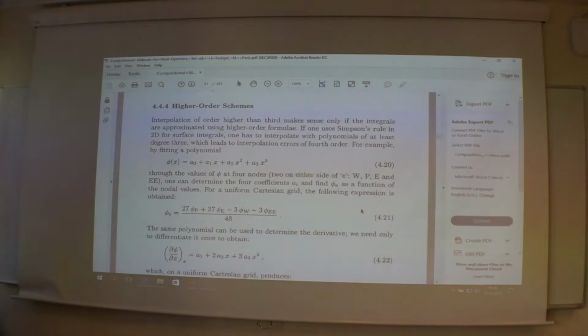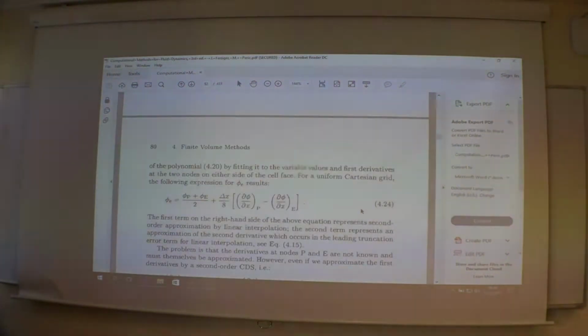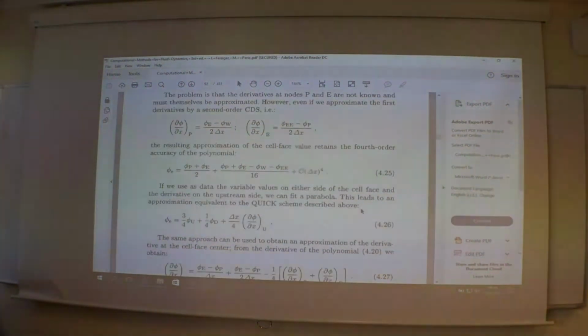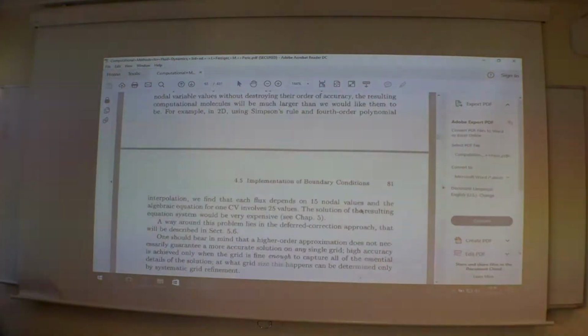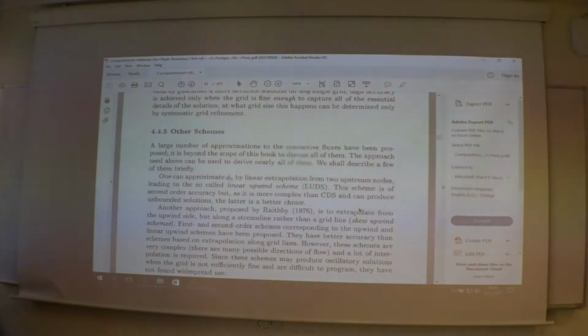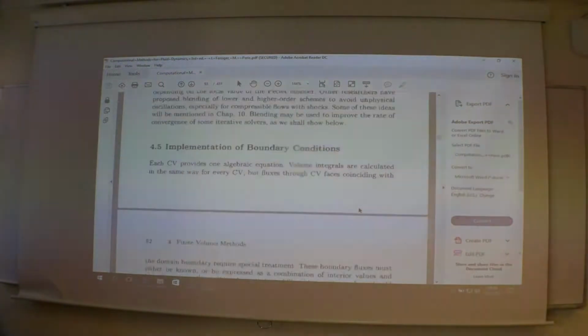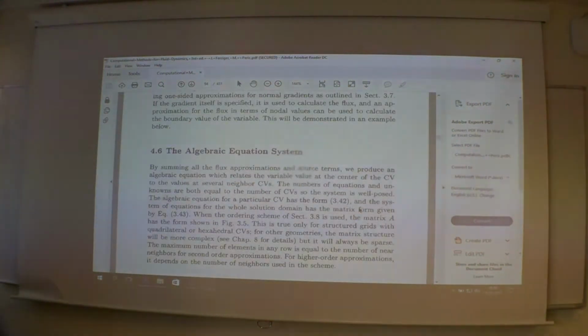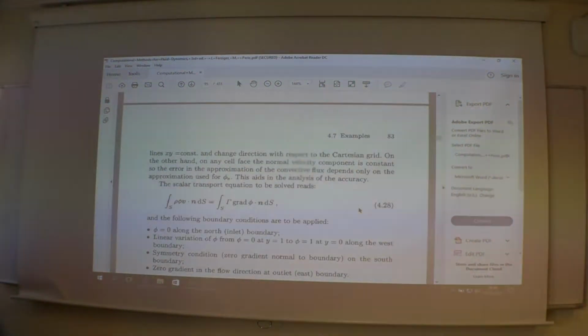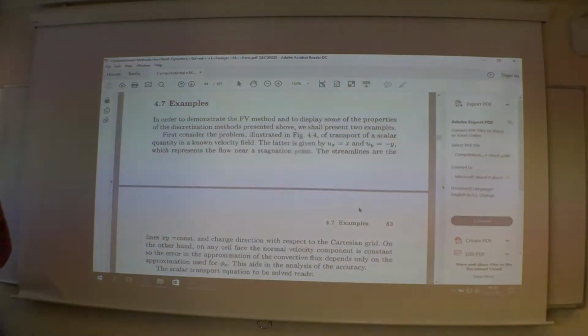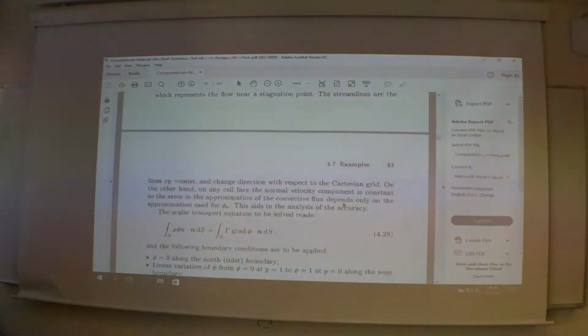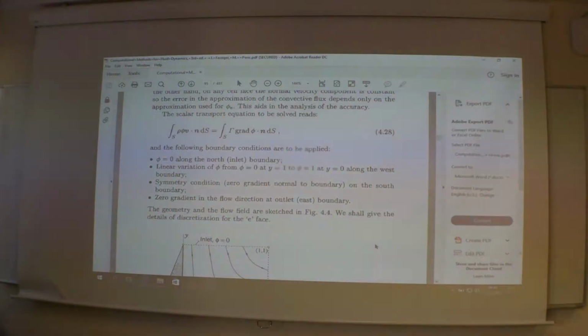But this is sort of beyond the scope of this course. Boundary condition, equation systems, and then finally a cute little example. So let's just jump to the examples.